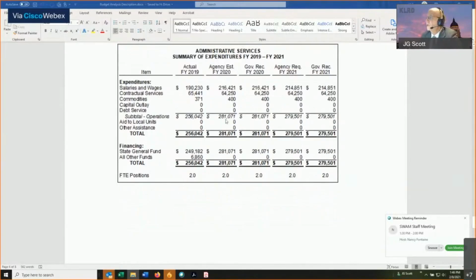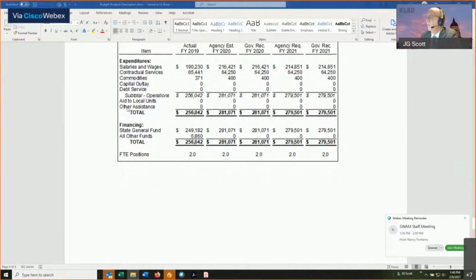Aid to local units is funding that goes to taxing entities. So a school district has the ability to levy a property tax. So K-12 education expenditures going to the schools would be part of aid to local units. Sometimes assistance goes directly to people.